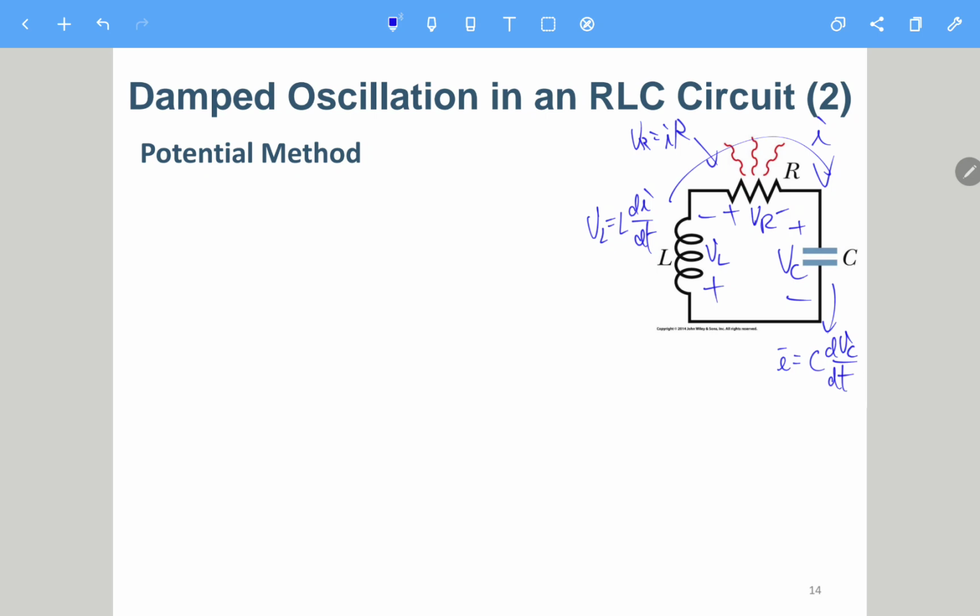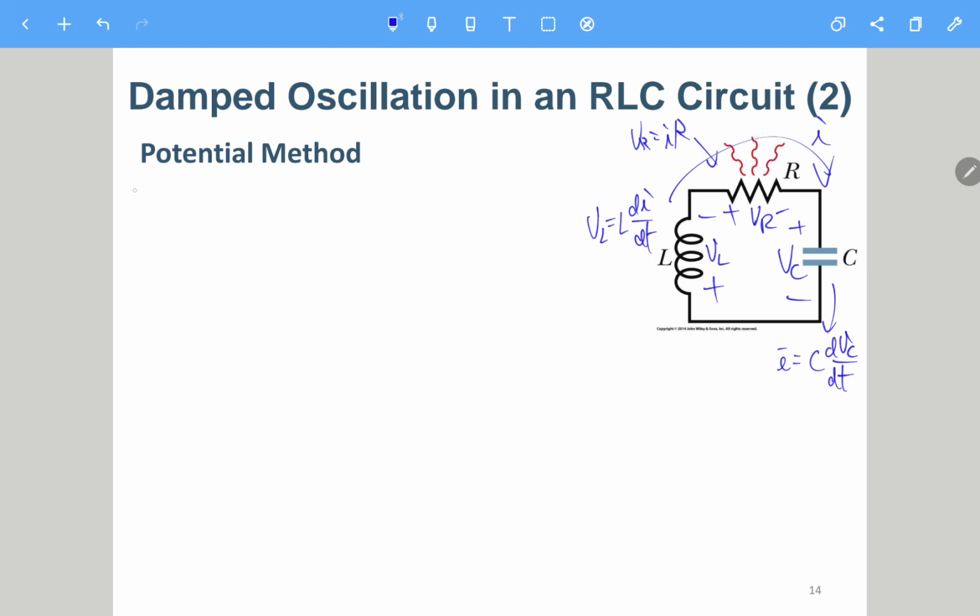Okay, so we can just write out all the things we like, and as long as I follow the direction from positive to negative, we don't have a negative sign. So I intentionally define it like this. So this is plus minus, plus minus, plus minus, back to back connection.